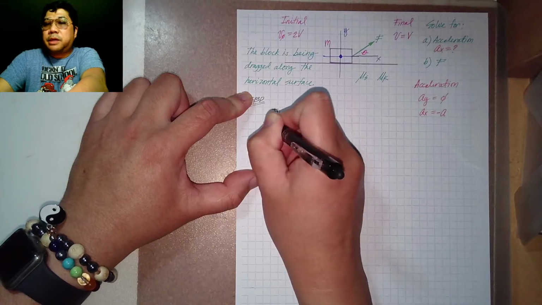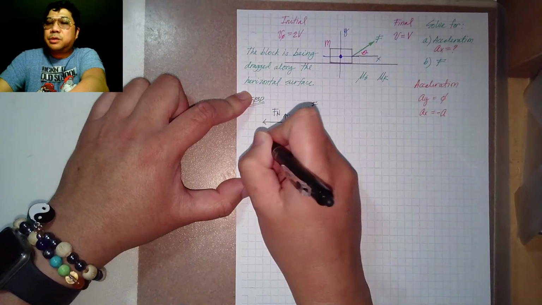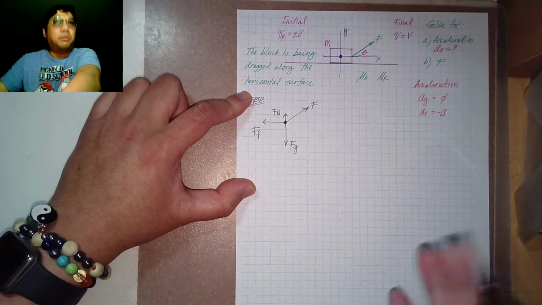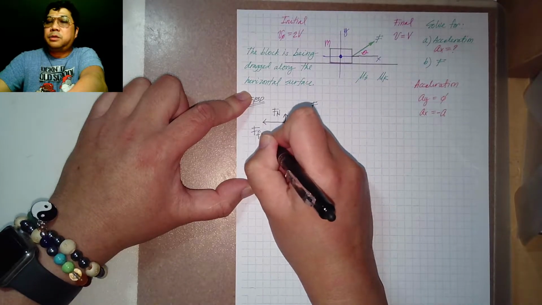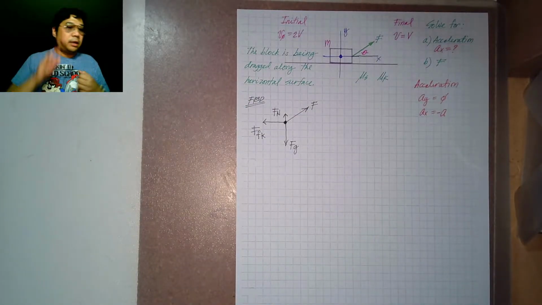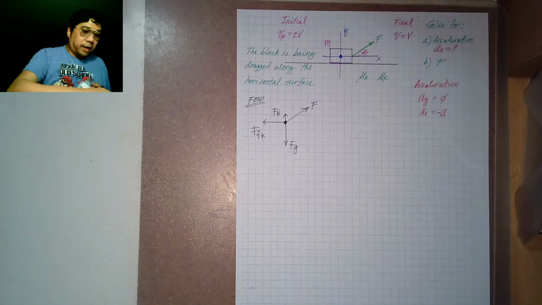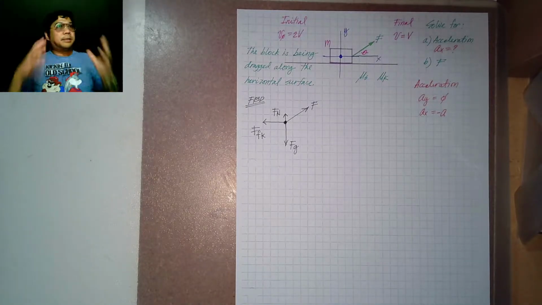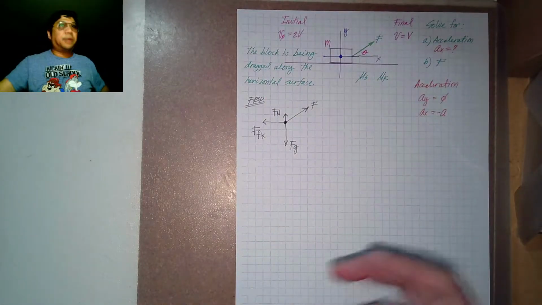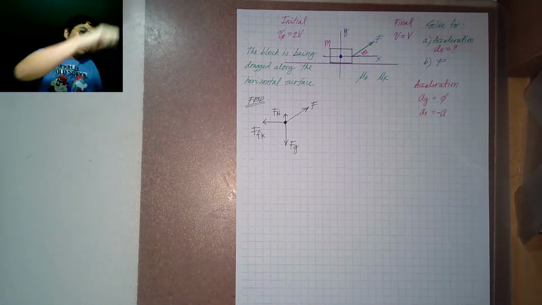The other force acting on it is your force of friction. But since it's moving, it should be your kinetic friction force. So that will be your first step. There are no other forces acting on your block.